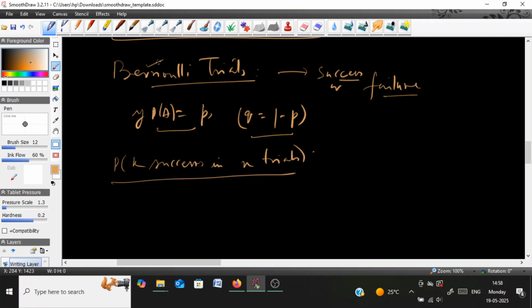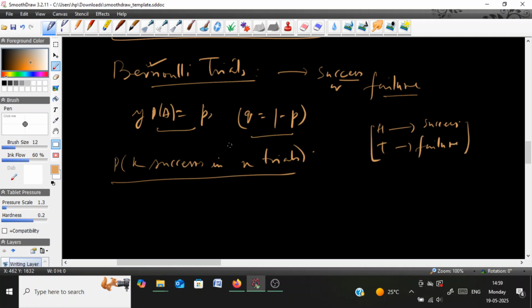So you have a Bernoulli experiment in which the outcome of the experiment is limited to 2. If the event occurs, it is success. If it does not occur, it is failure. Like suppose you toss a coin, you have only two outcomes, head or tail. So you can map it: if the head appears, it is a success, and if the tail appears, it is a failure, and so on.